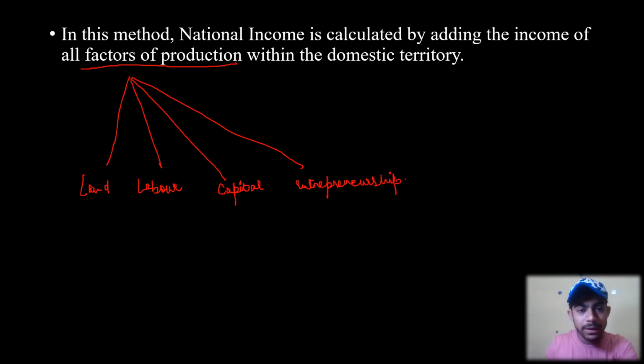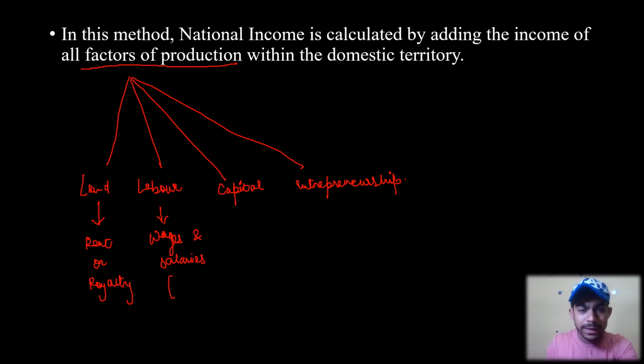And the payment that we give to these factors of production is basically known as factor income, or you can say the factor payment. So, land gets rent or royalty, labor gets wages and salaries, wages for the physical work and salaries for the mental work.